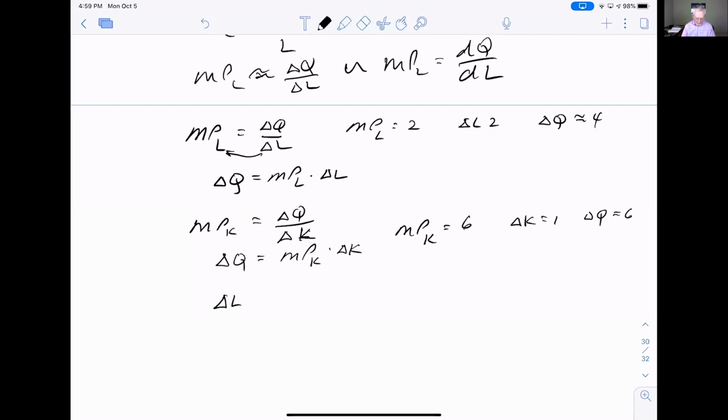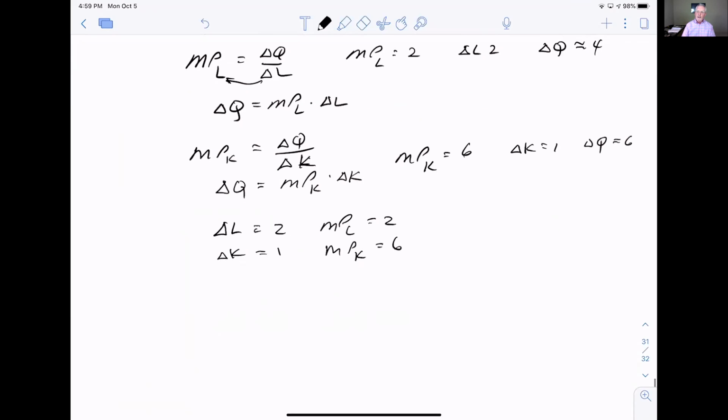So, what I'm saying here is that suppose delta L is equal to 2, marginal product of labor is equal to 2. Suppose delta K is equal to 1 and marginal product of capital is equal to 6.